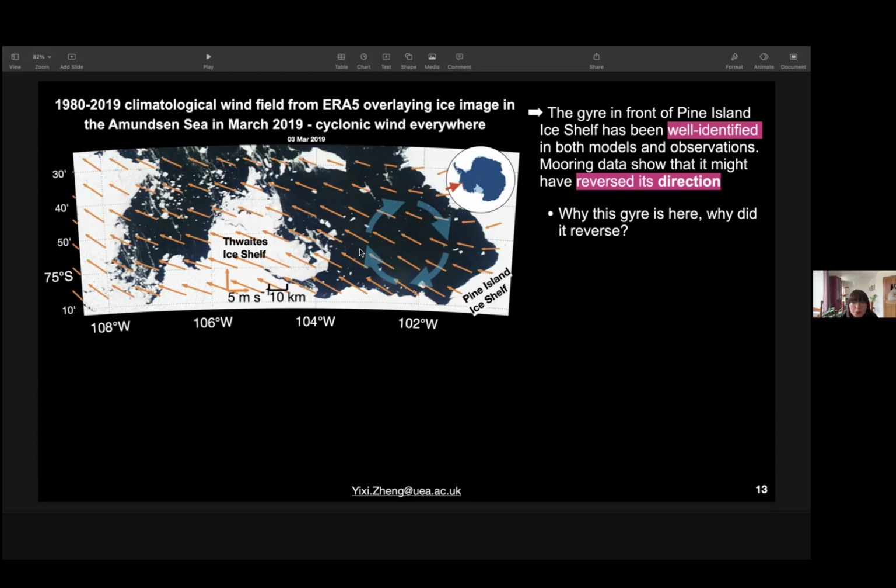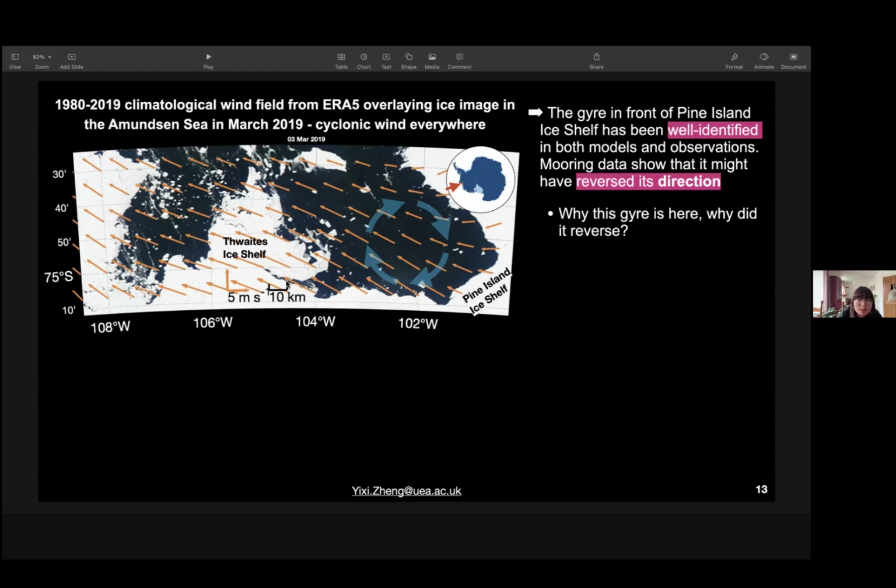But then why is this gyre here? And also why did it reverse its direction? It doesn't really make any sense because there are those orange arrows, and those are the climatological wind field from ERA5. I can't really show you, you have to believe me.